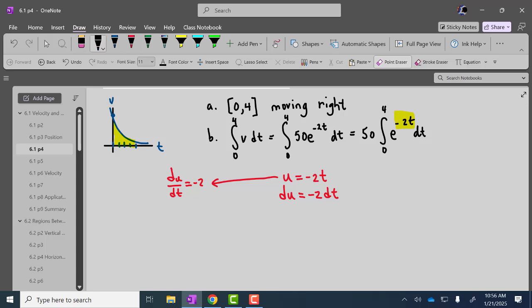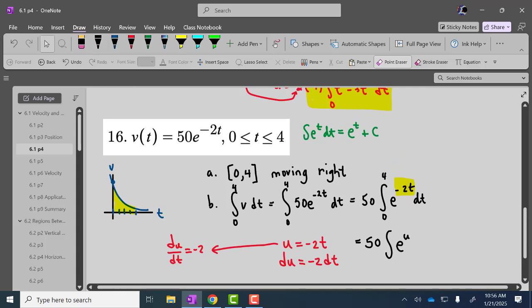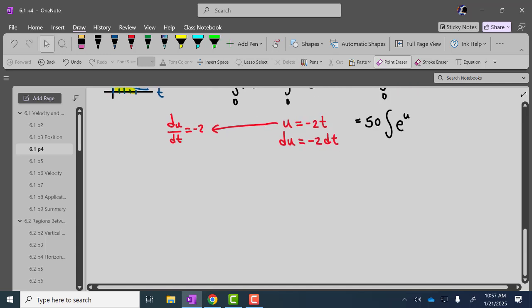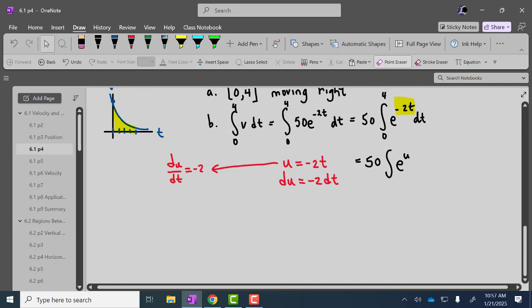So this allows us to come up here and say, okay, we changed the exponent to u, so now it's just e to the u, which puts us in this category where the exponent is just a single independent variable. So e to the u. Now we have to replace the dt.